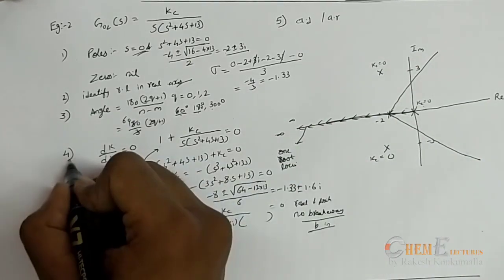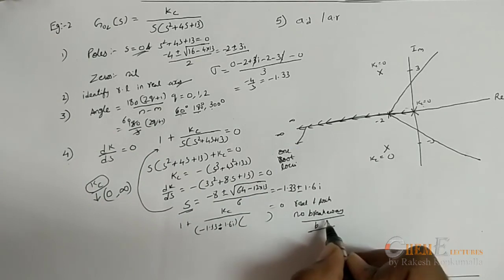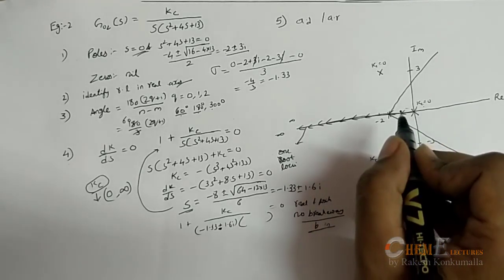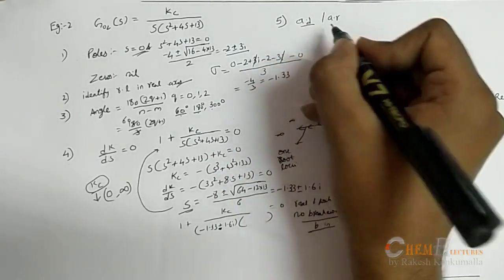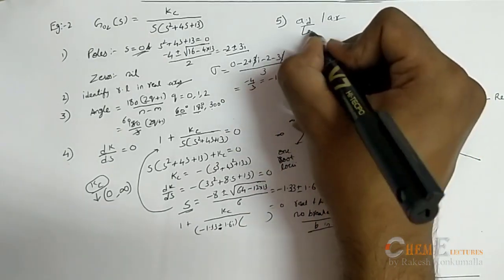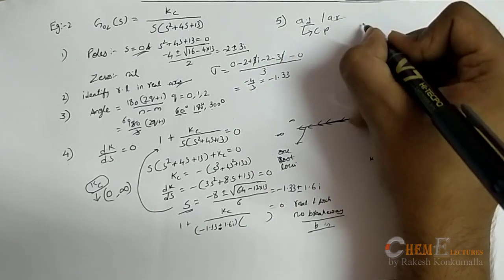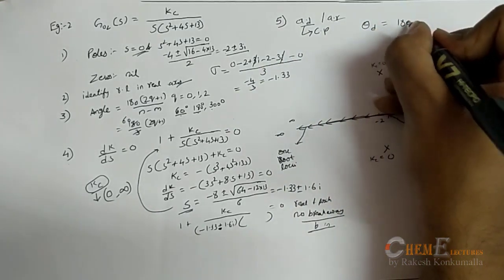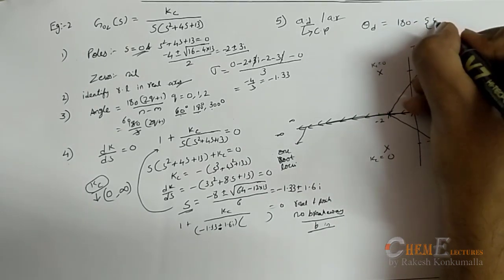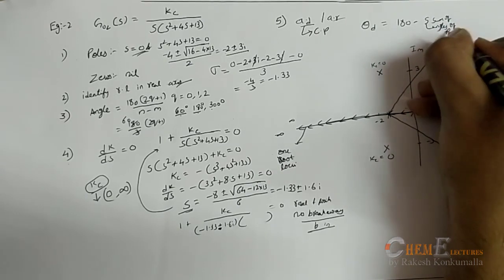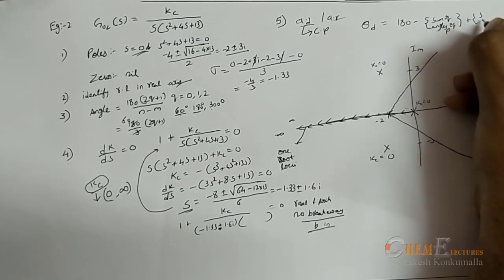Now the fourth step, where I got no breakaway or break-in point, so I now need to show it in this graphical representation. Now coming to the angle of departure, there won't be any angle of arrival because there are no complex zeros, there are only complex poles. This angle of departure, as I told you, that is 180 minus sum of angles of poles plus sum of angles of zeros.